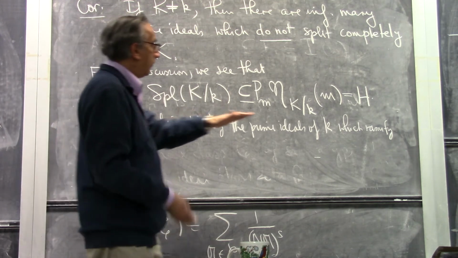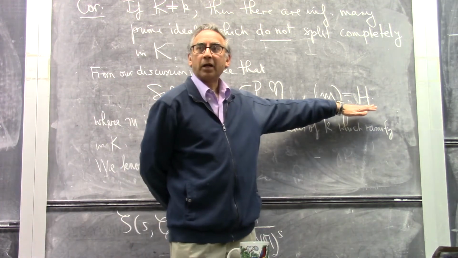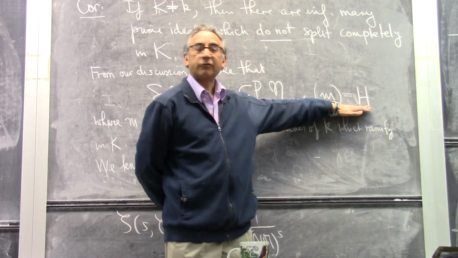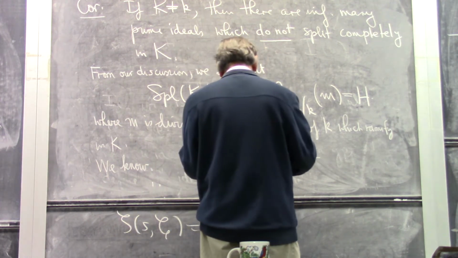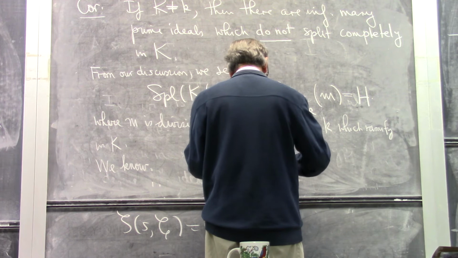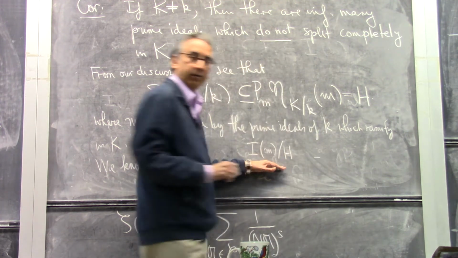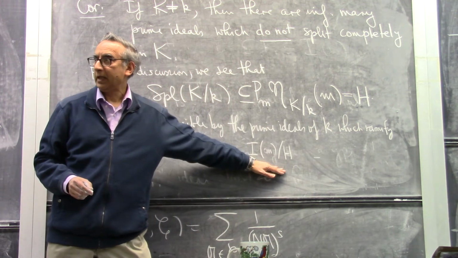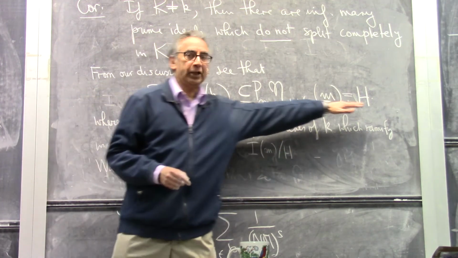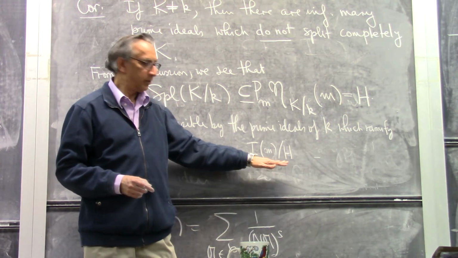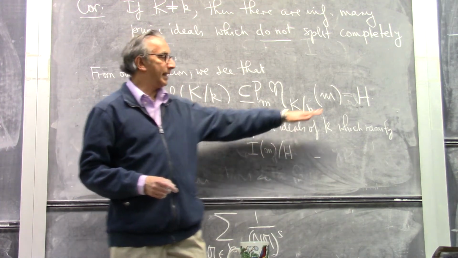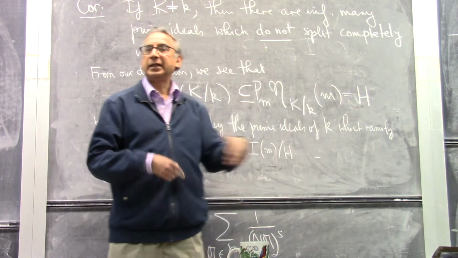So we're trying to ask how many prime ideals there are in this particular class. Remember, the generalized ideal class group is I_m modulo H. That's our generalized ideal class group. The class H is the identity class in this group. These are cosets, so the subgroup H is the identity coset.